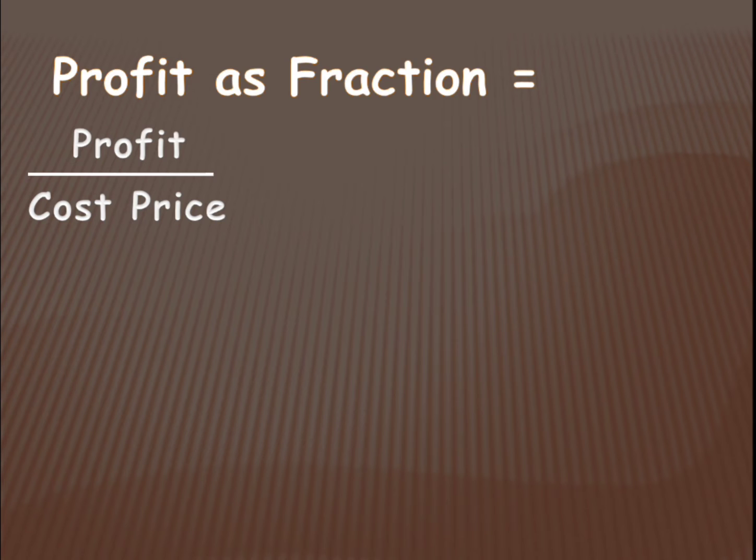For example, if they have not given the profit, they have only given the cost price and selling price, then you know the formula for the profit, isn't it? Selling price minus cost price.